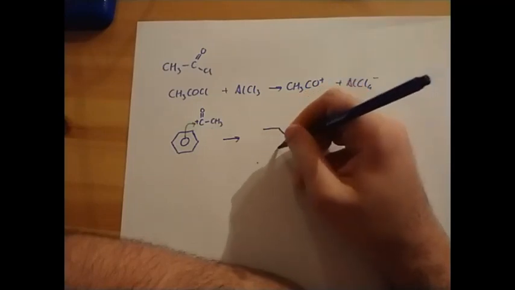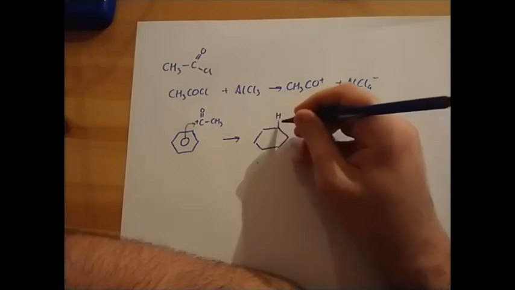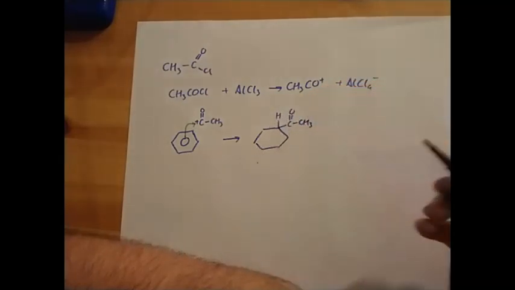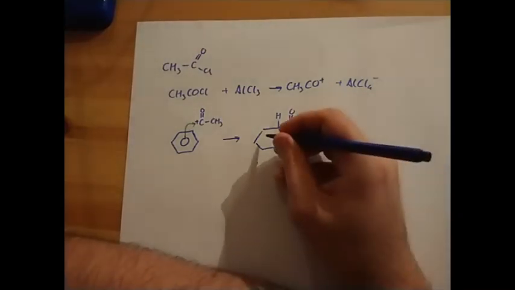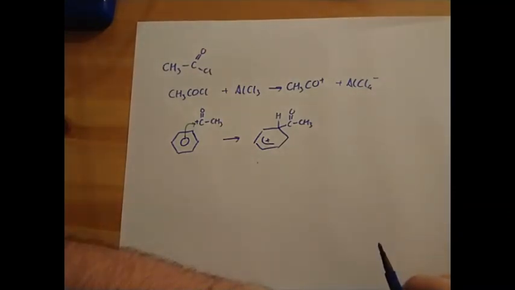Then we're going to break open. So we're going to add it onto here. So again, where we had R in the last one, you're just replacing it with CH3. Have your partially open ring with a plus in it.